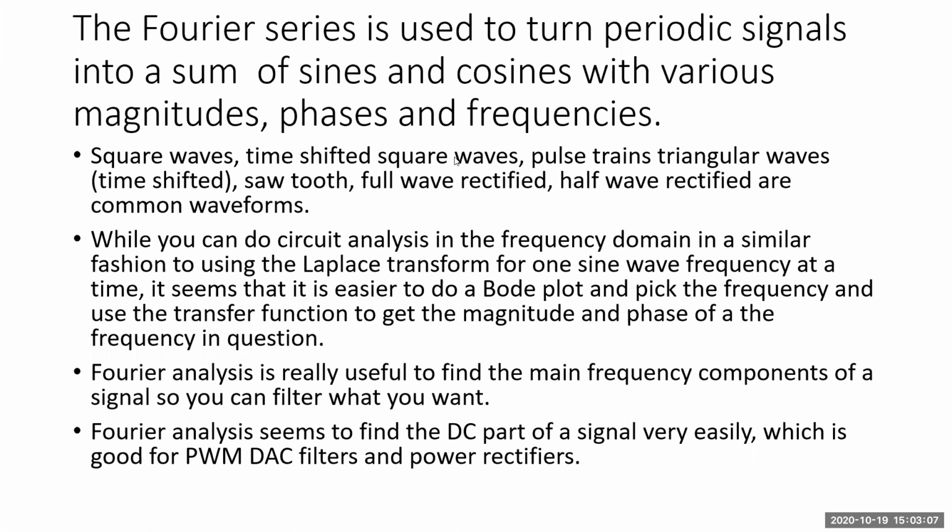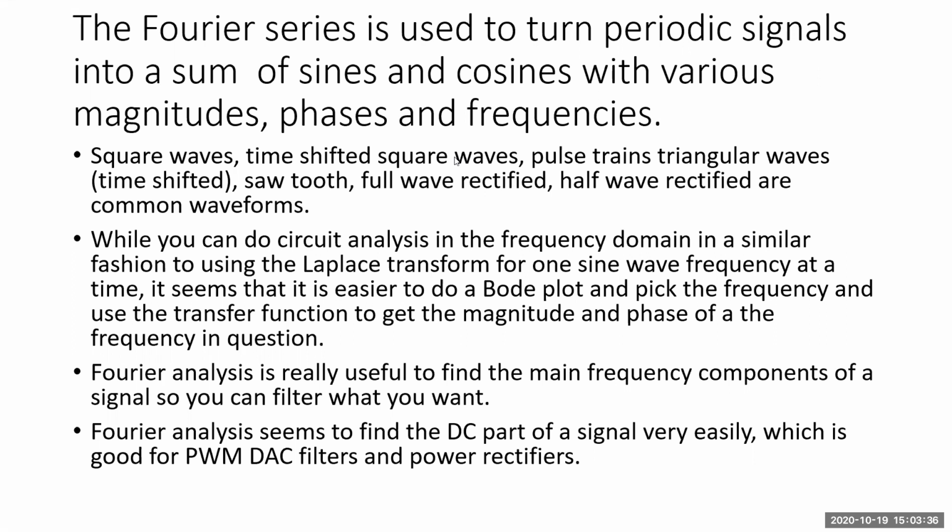Now, whereas with the Laplace transform you found something in the frequency domain that had a real and a complex part, the Fourier series and transform is all complex, and it means it's all sine waves and cosine waves.